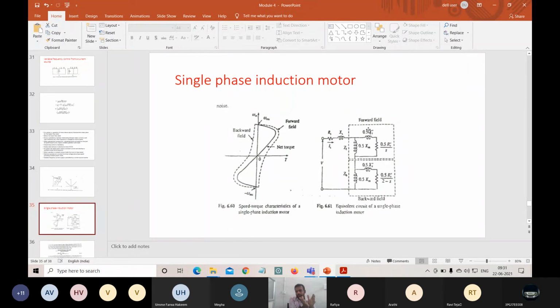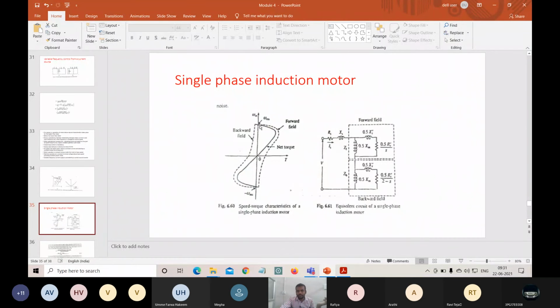So the first half has gone to the forward field, and the next half we use for the backward field. By using this, the motor will be operated in the backward field. So this is the speed torque characteristics of our induction motor when the motor is operating in the backward field.